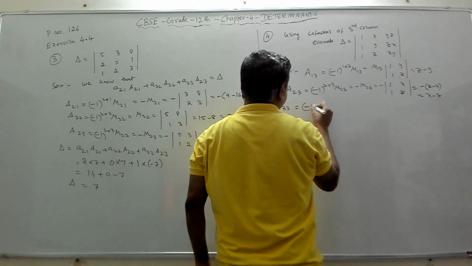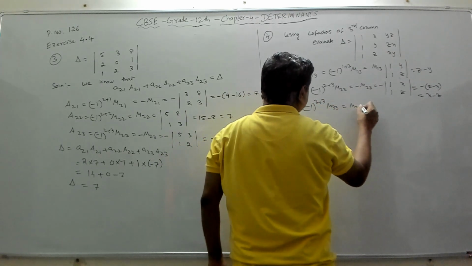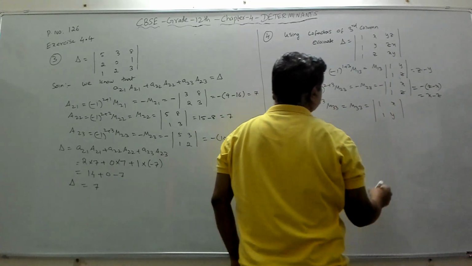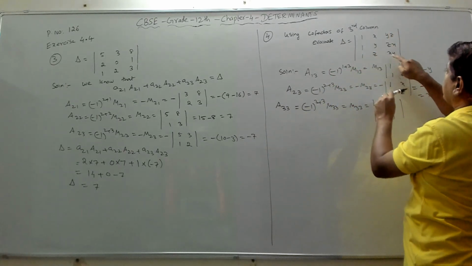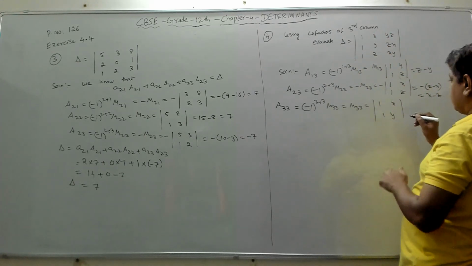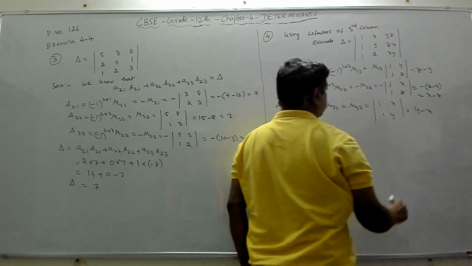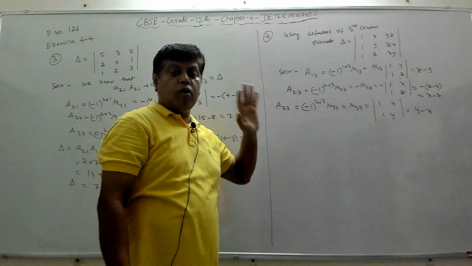So minus 1 power 3 plus 3, M33, that is equal to M33, and M33 is 1 x, 1 y, if you close this particular row and this particular column where this element lies. Clear? So that is equal to 1 into y is y minus x. Now we have found the cofactors of all the elements in column 3.